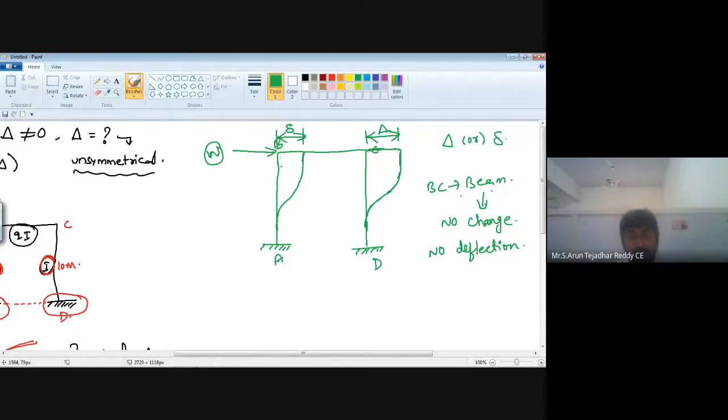See here, the beam is B to C, column A to B is a column, and C to D is also a column. We have deflection only in the columns. We don't get deflection in the beams. Remember this point. And see how to control this deflection now. That is important: how to control, how to resist that deflection.